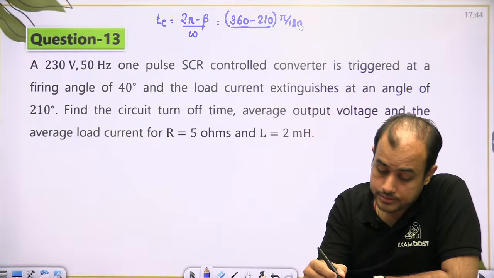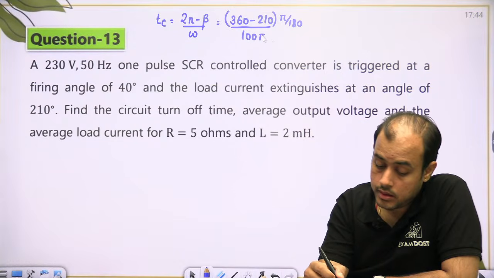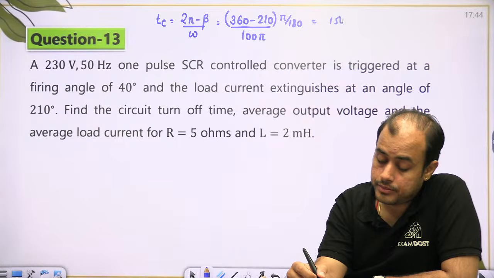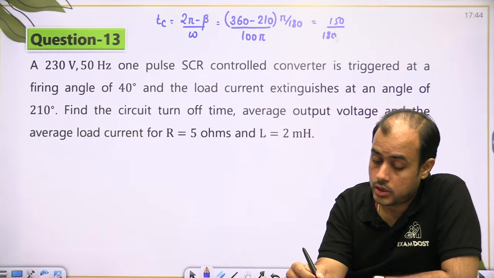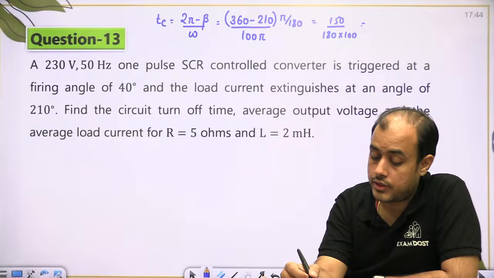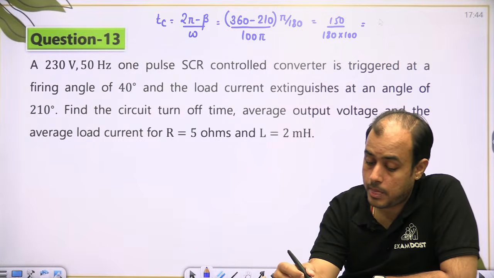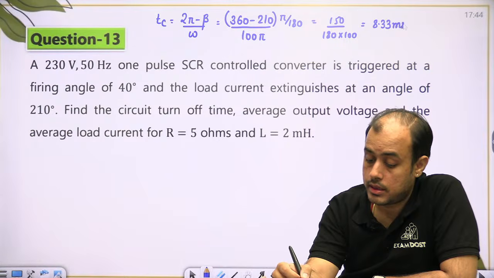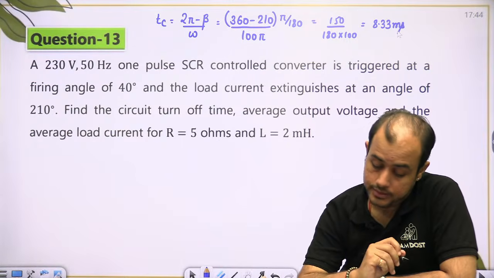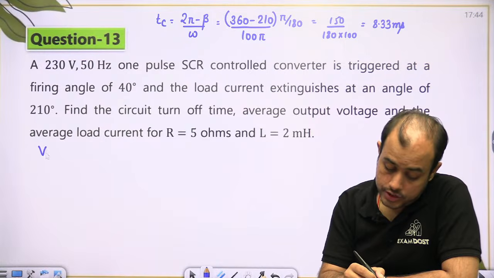By omega, 150 by 180 into 100, 5 by 6 into 100. 8.33 millisecond.